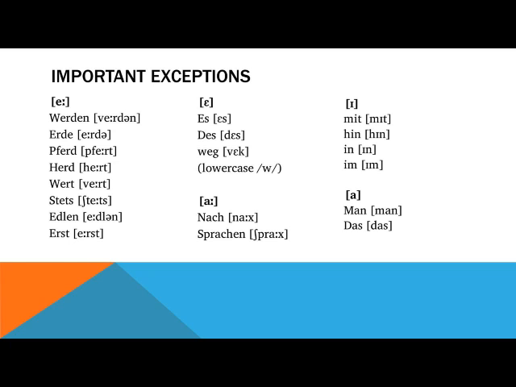And then moving to the right, we have the open i, and again some small function words, but we're just putting them here. Mit, hin, in, im. And the long A, nach and sprachen. And then the short A, again, function words, man and das.